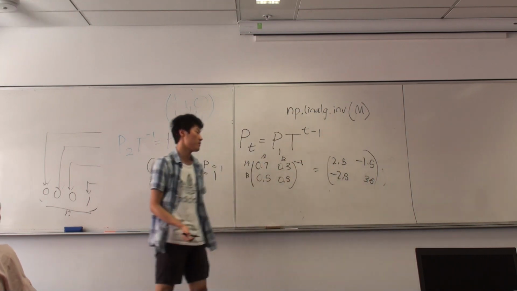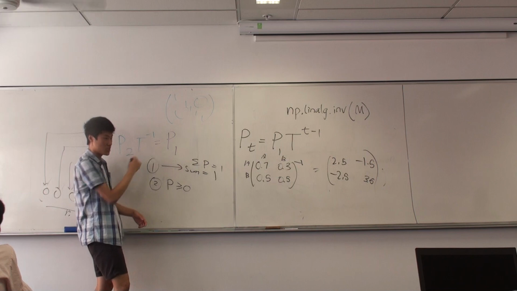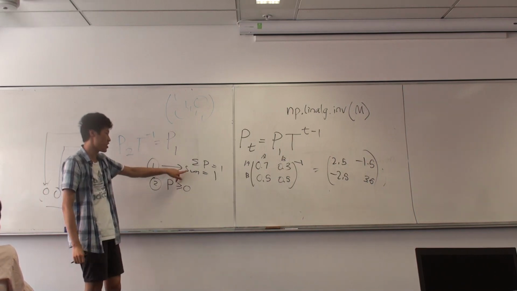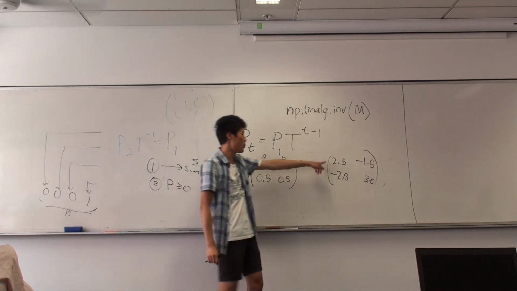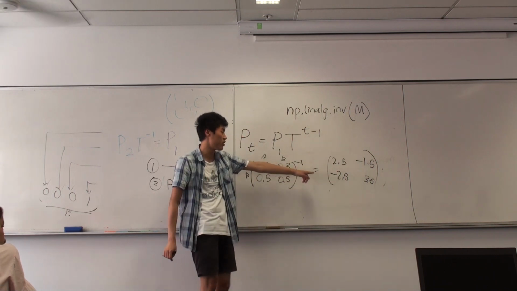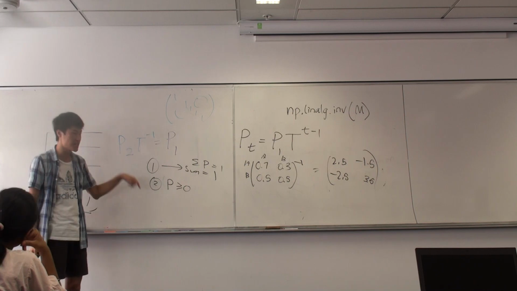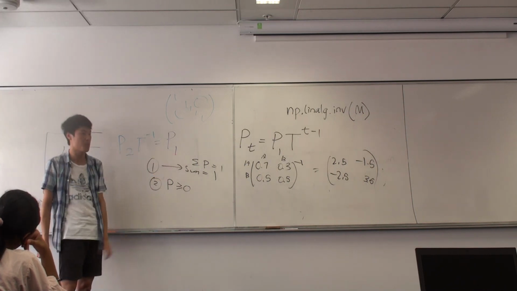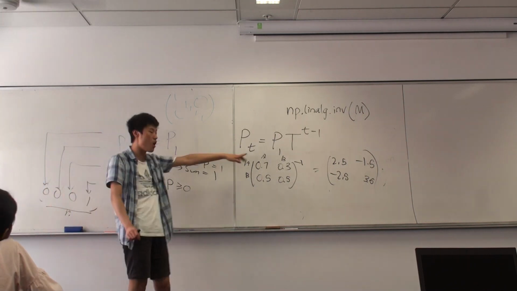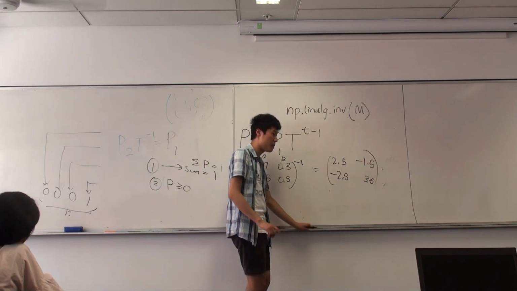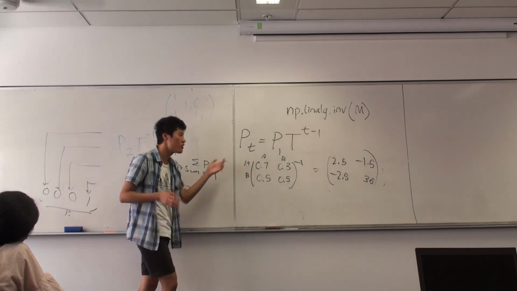That's the inverse. It's already above 1, so clearly it violates these conditions, well, except for the first one. The sum does equal 1: 2.5 minus 1.5 is 1, and 3.5 minus 2.5 is 1. But it violates the second one, the probability must be greater than 0. What is a negative probability? So that's wrong. In terms of probabilities, it's not correct.